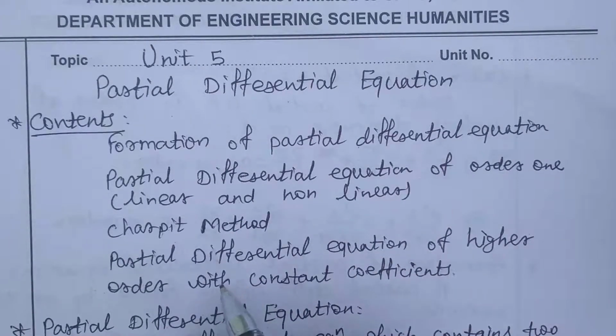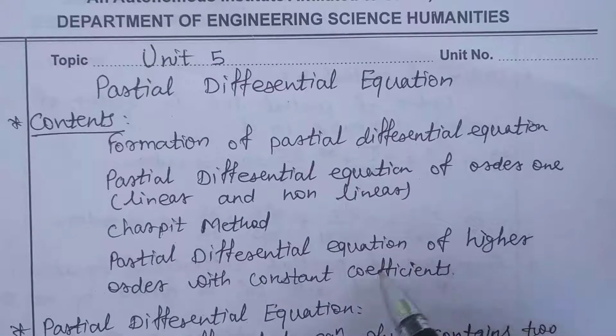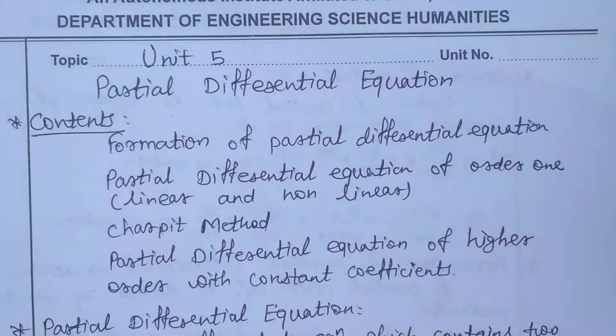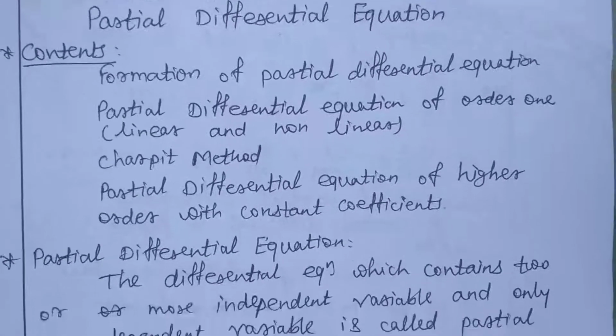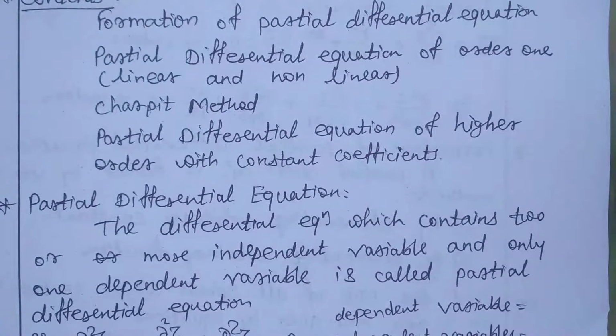We already learned how to solve ordinary differential equations of higher order with constant coefficients in previous units. Now in this unit we are going to learn partial differential equation of higher order with constant coefficients. So first of all, how can we define the partial differential equation?